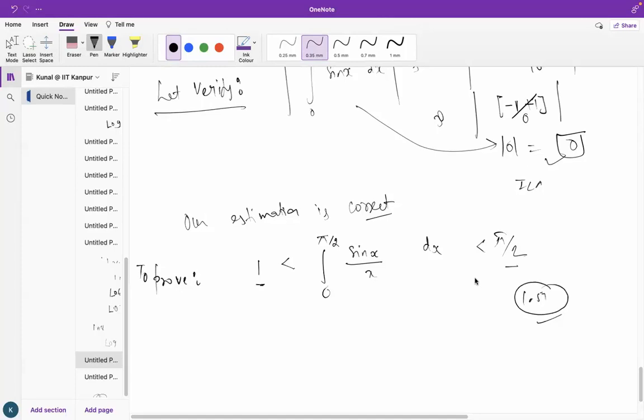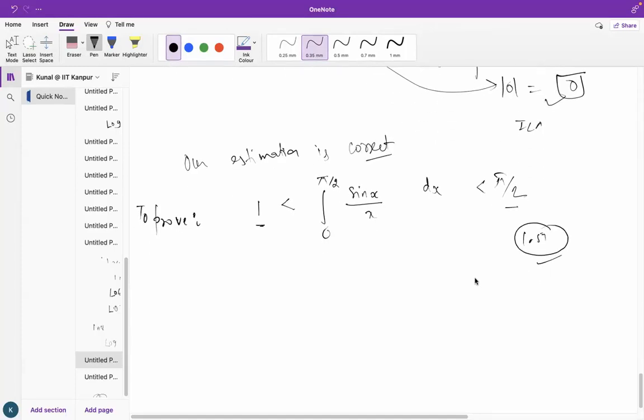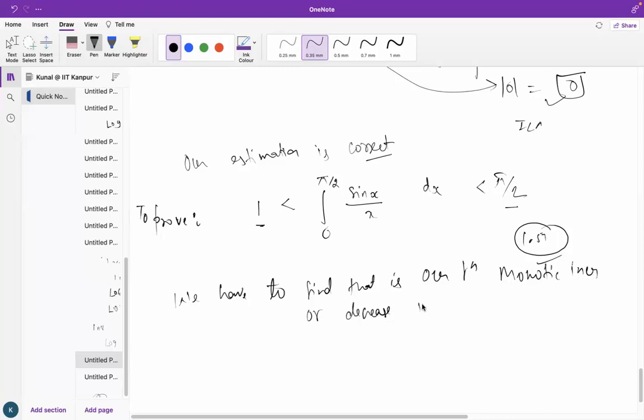First we have to find, because listen, here the max and min values of the function are not given. So what we have to do, the first step, is to find whether our function is monotonically increasing or decreasing in x belonging to 0 to pi by 2, because our element is varying from 0 to pi by 2. So we have to look at whether our function is monotonically increasing or decreasing in x belonging to 0 to pi by 2.